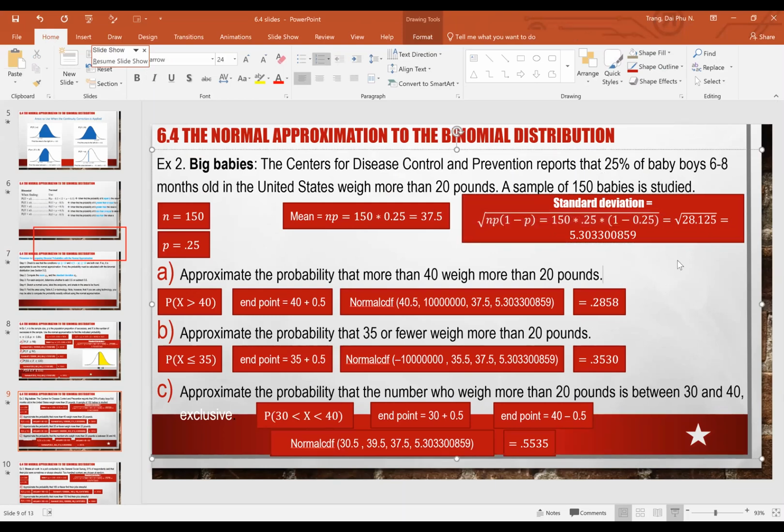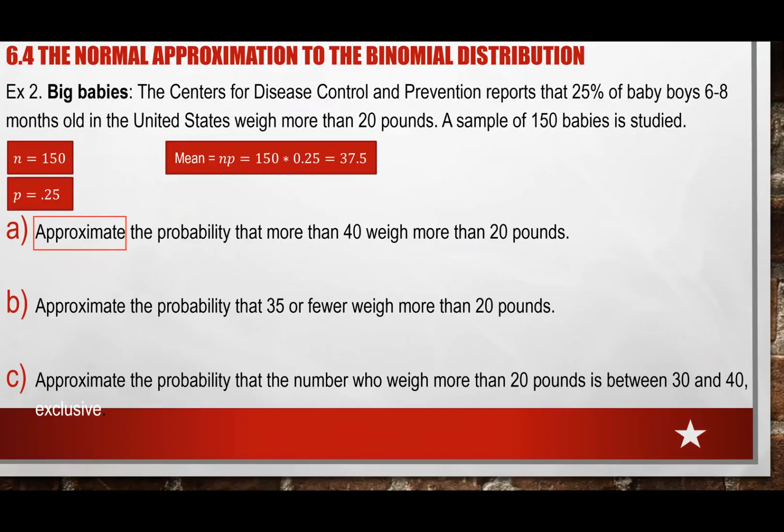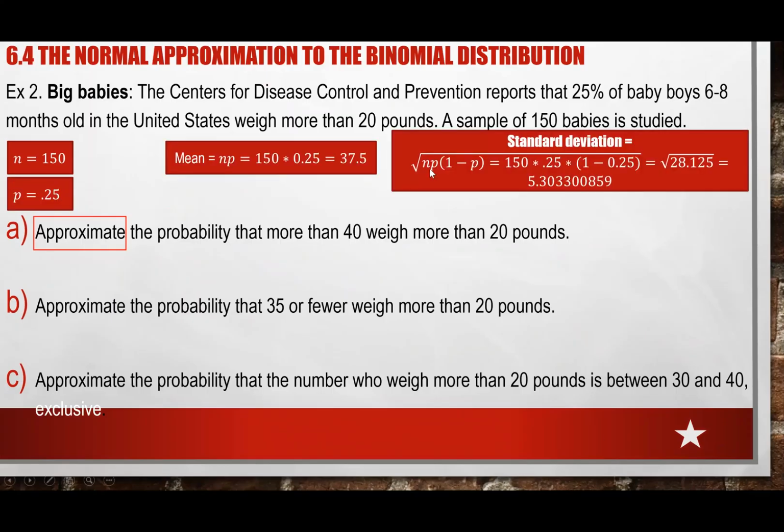Your standard deviation is the square root of n times p times 1 minus p, okay? So again, n times p times 1 minus p, which in this case is 150 times 0.25 times 1 minus 0.25, which gives me this item here, okay?